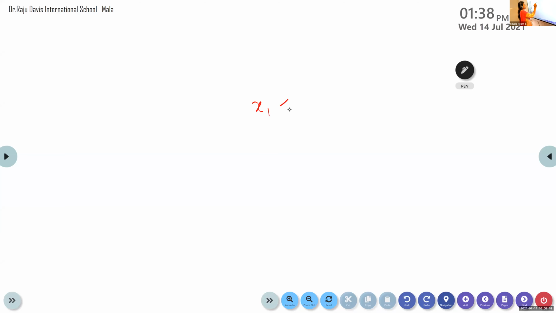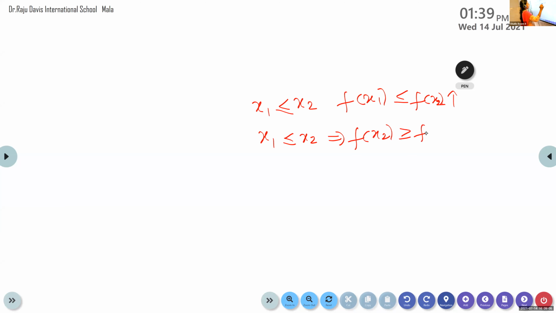x1 less than x2 implies f of x1 is less than or equal to f of x2 means it is increasing. For decreasing, what can you write? x1 less than or equal to x2 implies f of x1 is greater than or equal to f of x2.